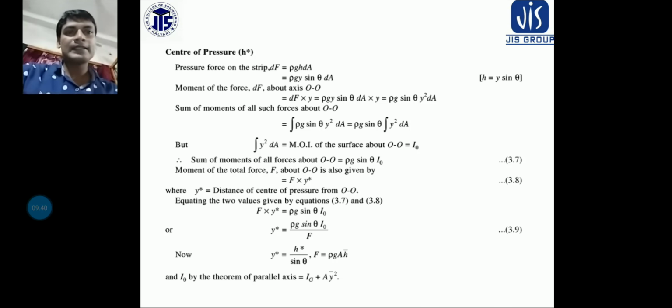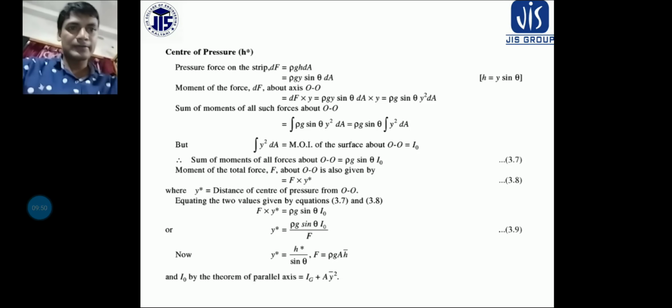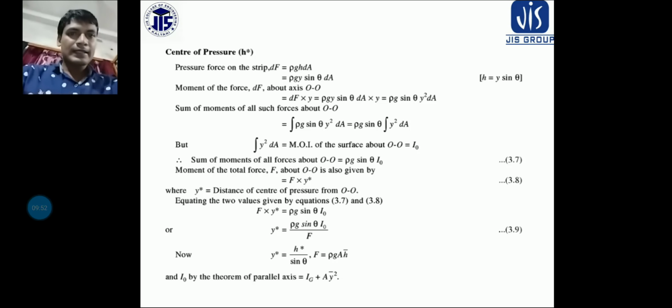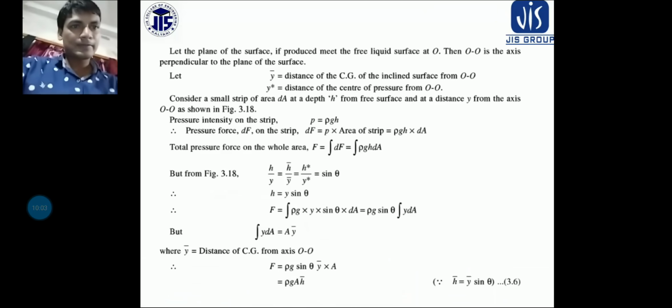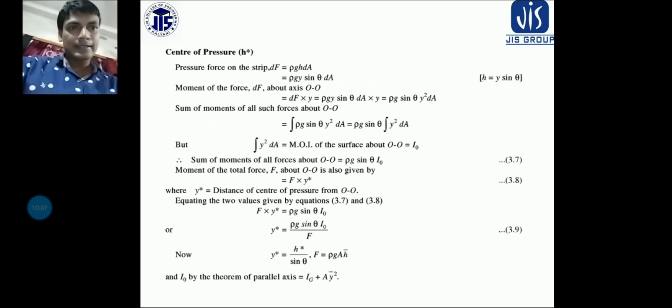So mathematically this total moment is equal to the integration part. So F into y star is equal to rho g sine theta I naught. From this equation we can easily say that y star is nothing but rho g sine theta I naught by F, and h star is equal to what? From here, h star is equal to y star sine theta. So y star is equal to h star by sine theta.